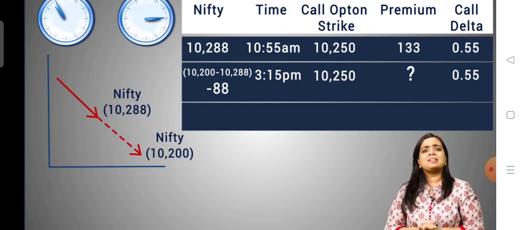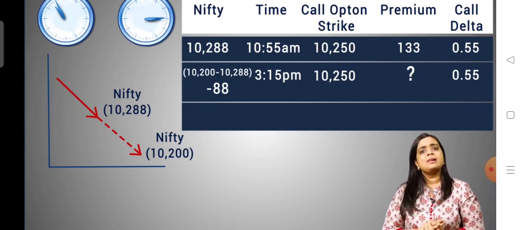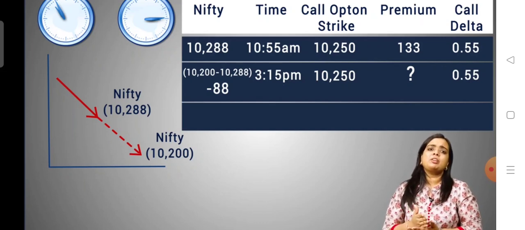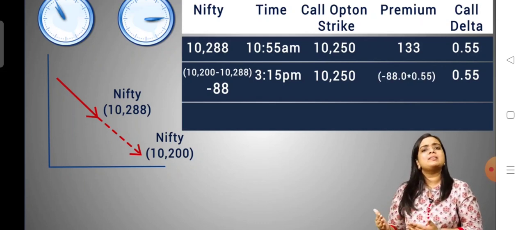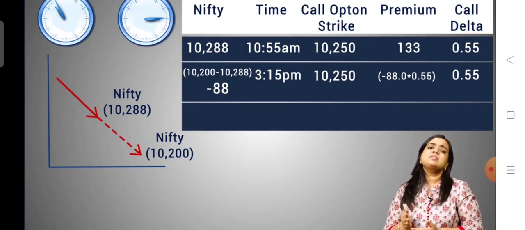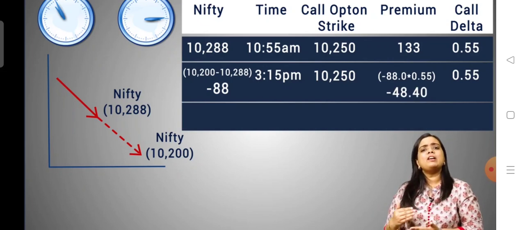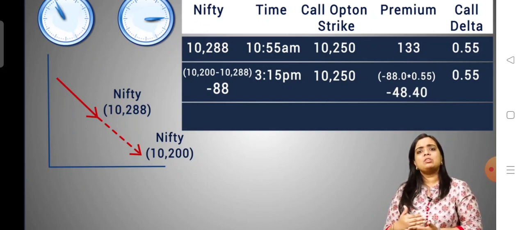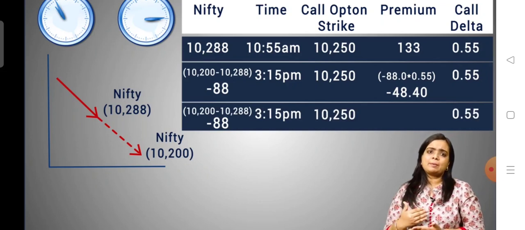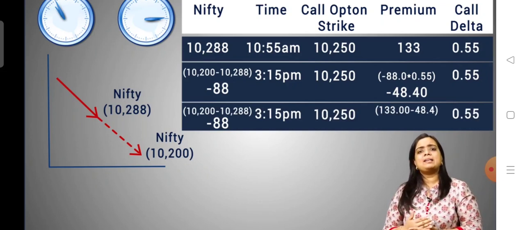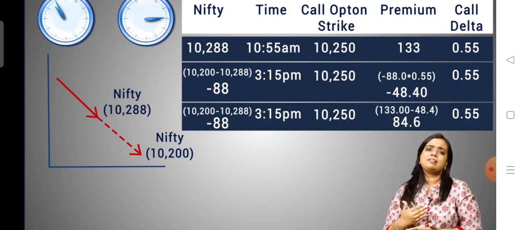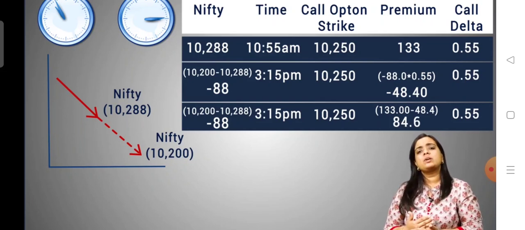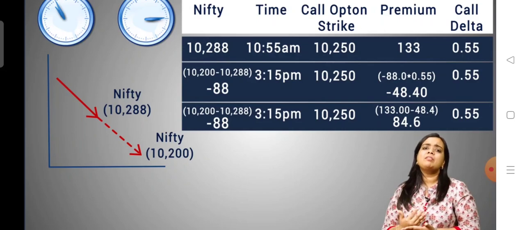We are expecting Nifty to decline by 88 points, that is 10,200 minus 10,288. Hence, the change in the premium will be 88 into 0.55, which is 48.4. Therefore, the premium is expected to trade around 133 minus 48.4, that is 84.6, which is going to be the new premium value.